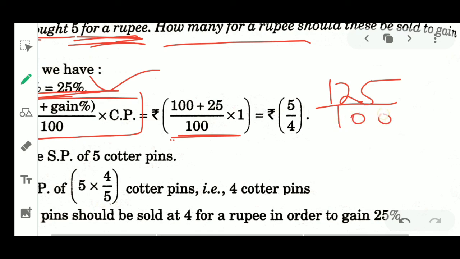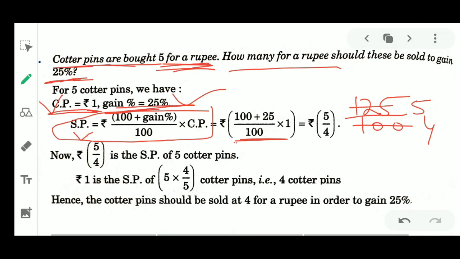So 100 plus 25 is 125 by 100. Now 25 5s are 125, 25 4s are 100. So the selling price of 5 cotter pins equals 5 by 4 rupees.